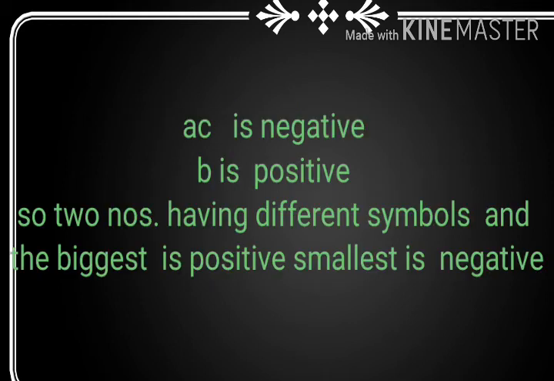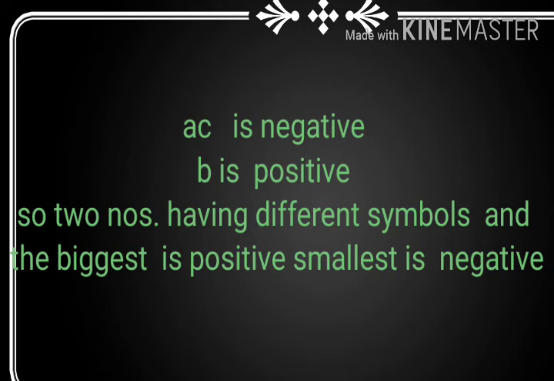Okay, two numbers will be there. One will be positive, the other will be negative if the product is negative. So here the magnitude of B is the difference of the two numbers, and AC is the product of the two numbers.